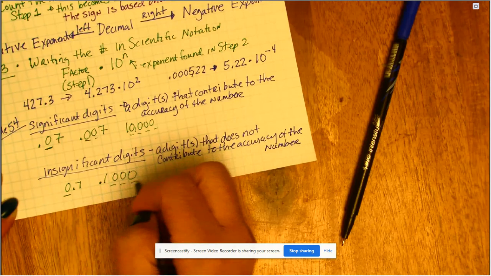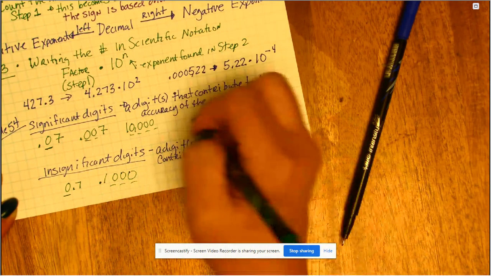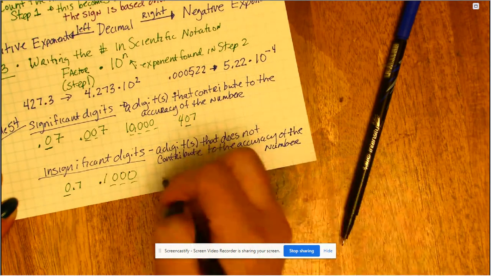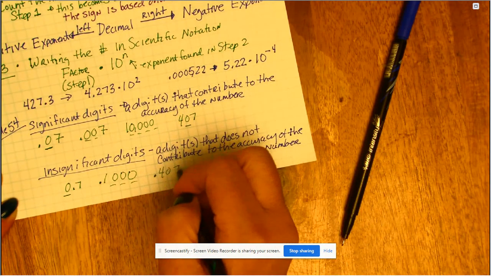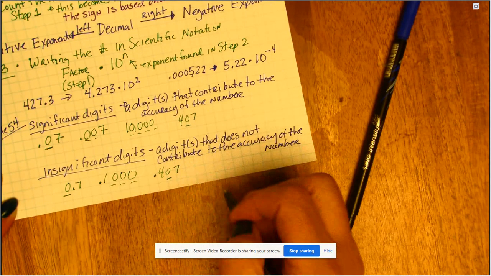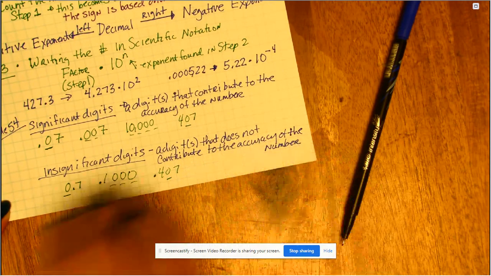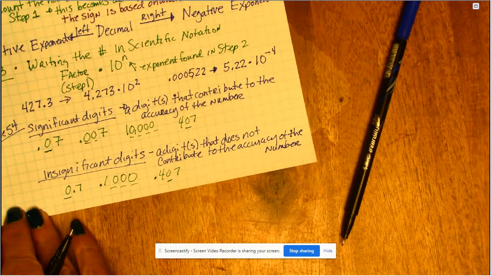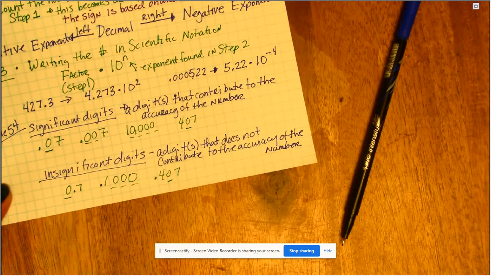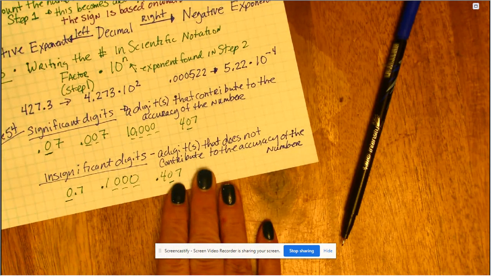So these would be insignificant. 407, the zero is significant. 0.407, zero still significant. Okay, so keep that in mind when you're writing out your factor, because you cannot drop significant digits, otherwise you will change the value of what you're trying to do. And those are your notes for converting into scientific notation from a standard number.